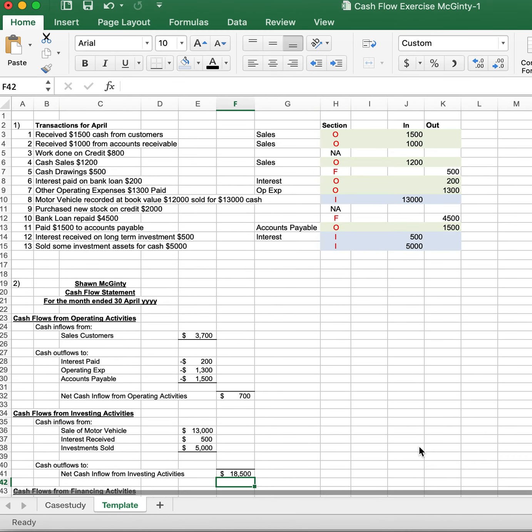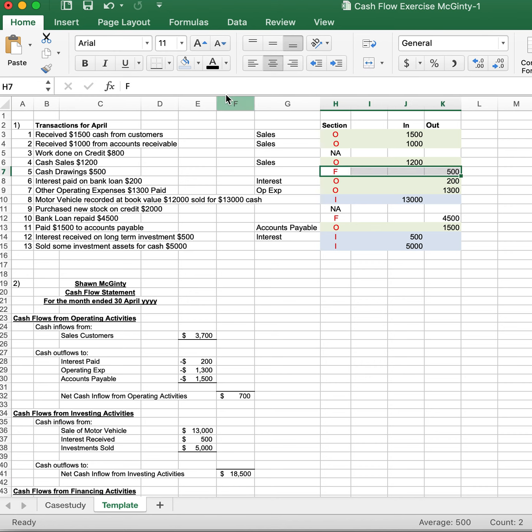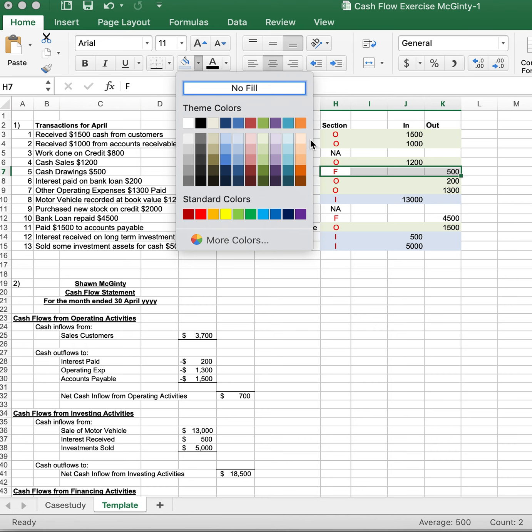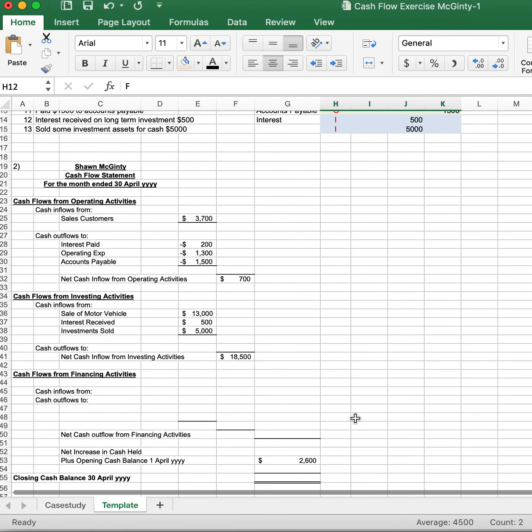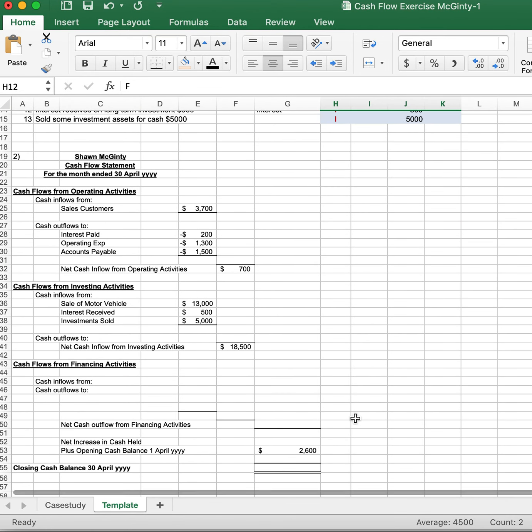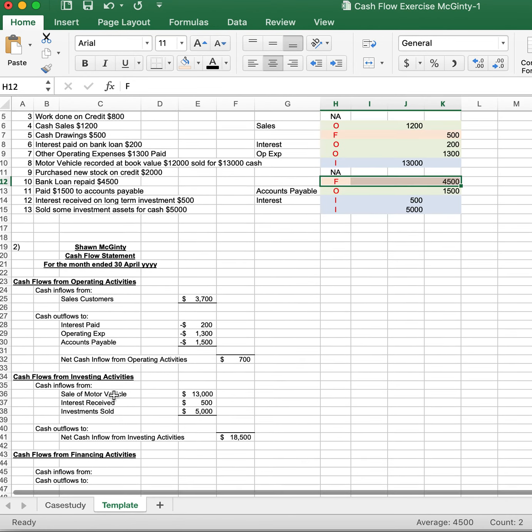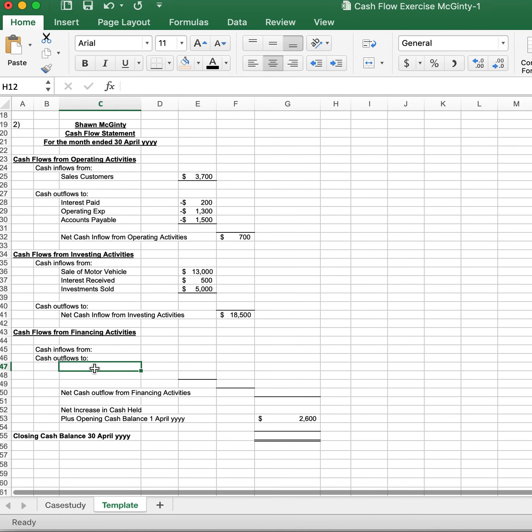All right, getting close. We've got how many financial? We've got drawings, orangey color, and we've got a bank loan repaid. So cash inflow from, cash outflow to. There's nothing coming in. Let's go drawings first.